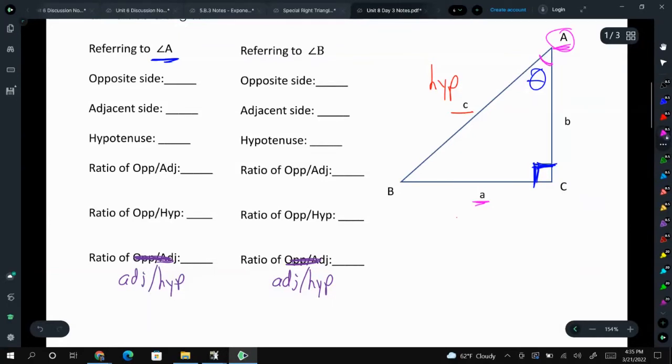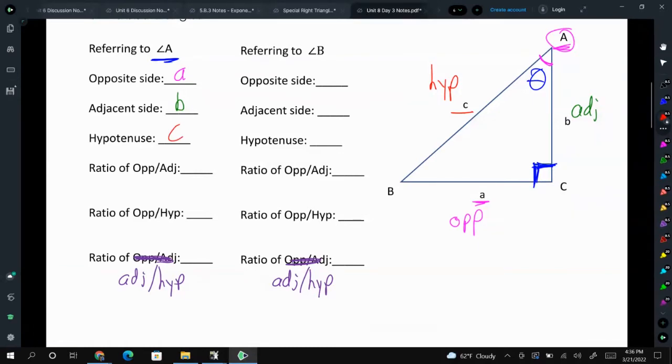We're talking about this angle right here. So side A is the opposite, which should make side B the adjacent. So now let's go and label things. The opposite side is A. The adjacent side is B. And the hypotenuse is C.